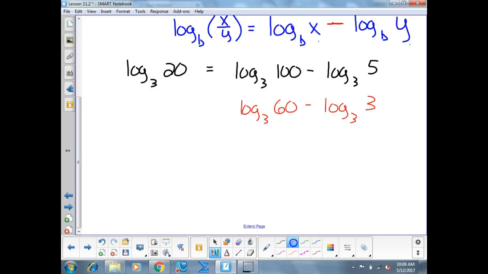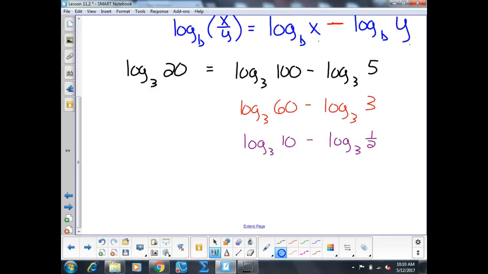What about log base 3 of 10 minus log base 3 of 1/2? Does that work? 10 divided by 1/2 is 10 times 2, which is 20. Yeah. Okay? With me? Okay.